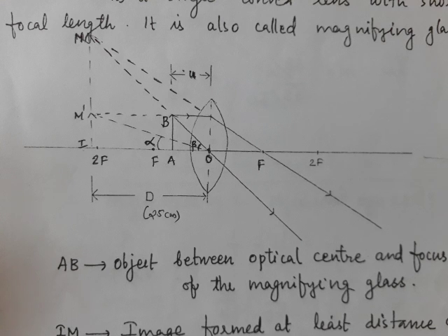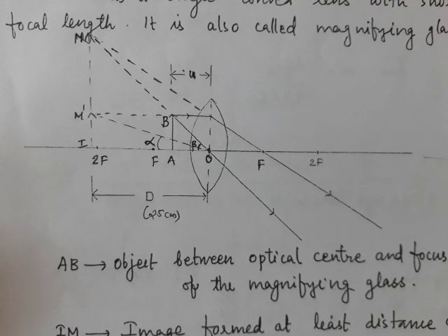Our next topic is optical instruments. And the optical instruments which we are going to study here are the microscope and the telescope. You have studied about an optical instrument which is present in us, that is the human eye.